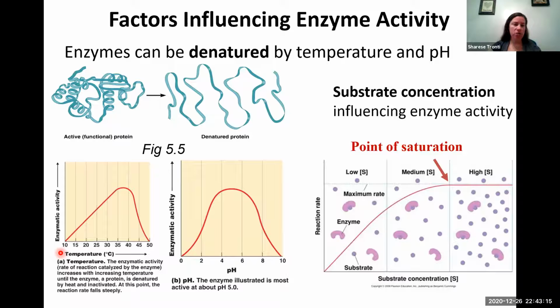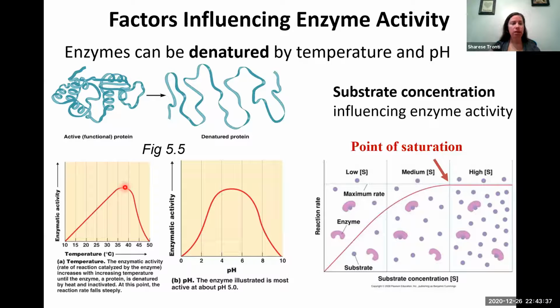So here we're looking at increasing temperature as we move left to right. As you know, rate of reaction is going to increase as we increase temperature. And so that's going to hold true here as well for enzyme activity. If we increase temperature, that's going to increase the rate of reaction with the enzyme until a point.